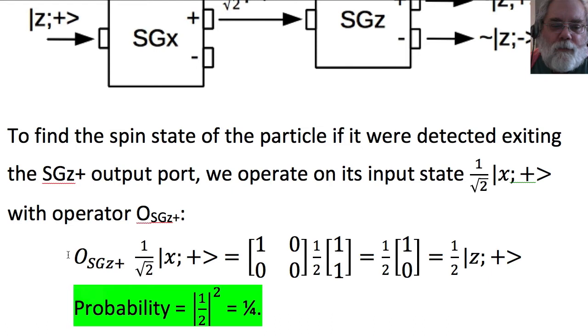And we know the operator for SGZ plus, it's this matrix 1, 0, 0, 0. We know how to multiply them together. We get 1/2 times the column vector 1, 0. That's 1/2 times ket z plus. And the probability is norm squared of that, which is 1/4.